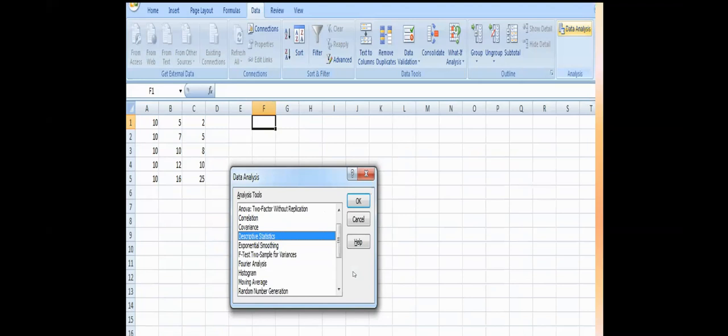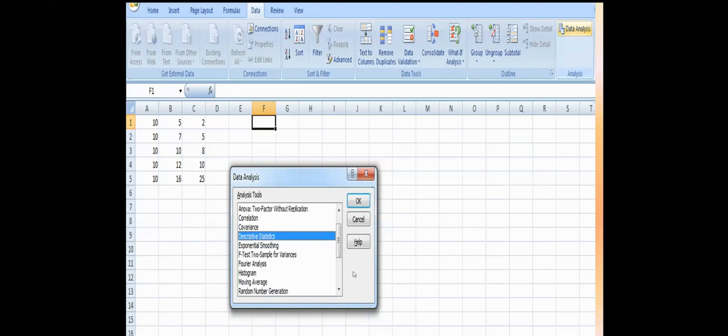Descriptive statistics gives the average values, the standard deviation values, standard error values, range, skewness, kurtosis, all sorts of information will be available, particularly those pieces of information which are needed for further calculations or further analysis.